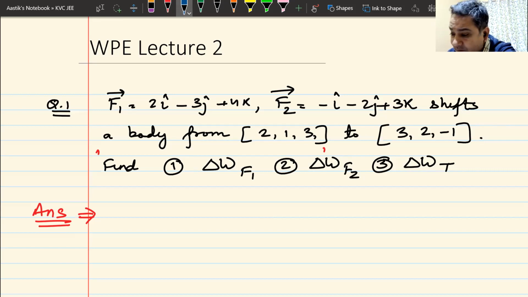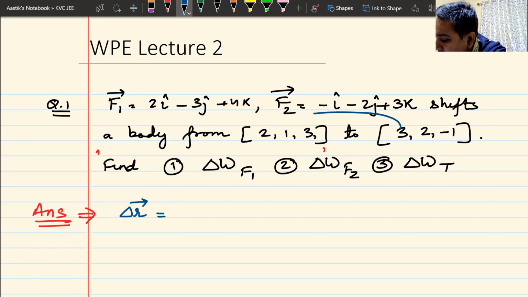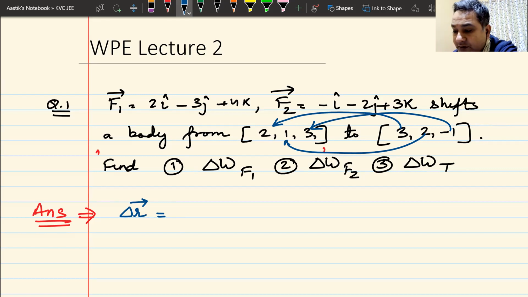So the first step is finding the displacement vector. How do you find the displacement vector? From the final position vector, you have to subtract the initial position vector. That means you have to subtract 2 from 3, where 2 is the initial and 3 is the final, 1 from 2, and 3 from minus 1, and put i, j, and k. I hope you remember this.